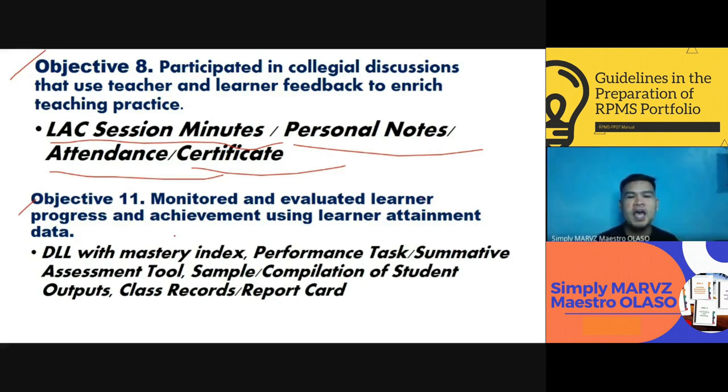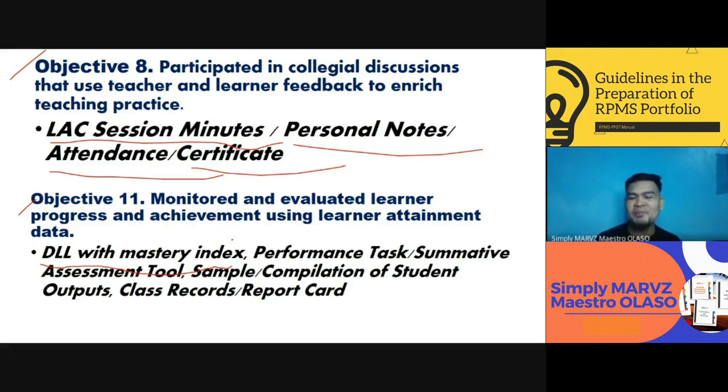Ito yung mga pwede natin i-attach. Halimbawa, pwede na isang document mo, yung DLL mo na may nakalagay na mastery index. Ibig sabihin, kinukuha natin out of the number of pupils, ilan ba doon ang nakakuha ng 75%. Usually ako, pag nag-observe ako, nilalagay ko na yun doon. Kaya sa mga na-observe ko, hindi na ito problema kasi nakalagay na yung mastery level.